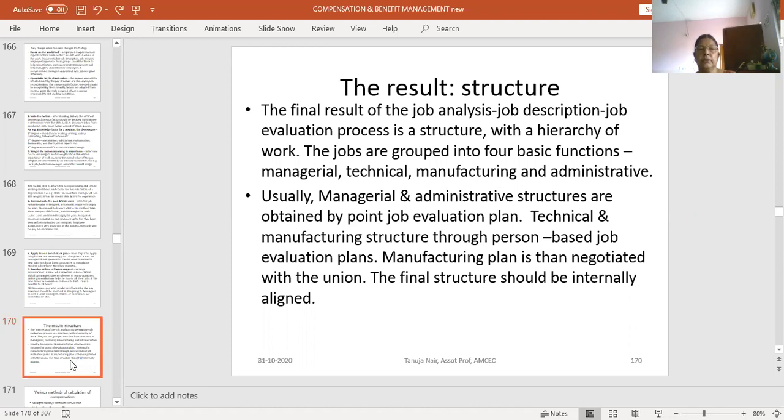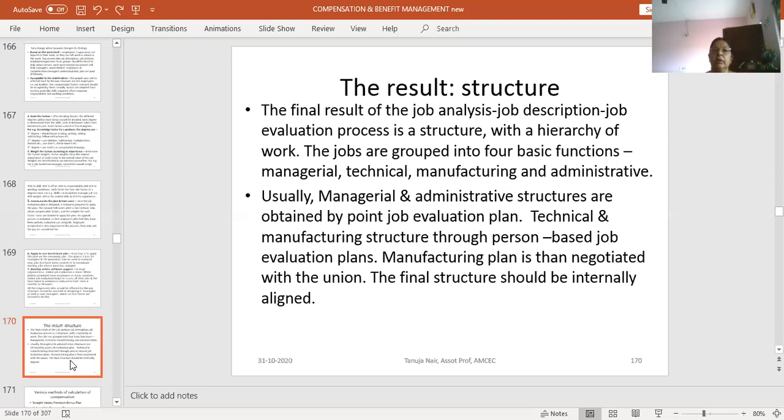Usually the managerial jobs and administrative jobs pay structure is built with the help of the point job evaluation method. Technical jobs and manufacturing jobs pay structure is done through the person-based job evaluation method, where the person's qualification, knowledge, skills, and experience, everything is considered to finalize the pay for technical jobs and manufacturing jobs in your organization.